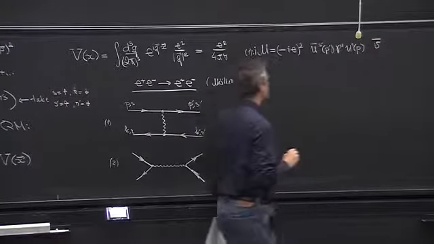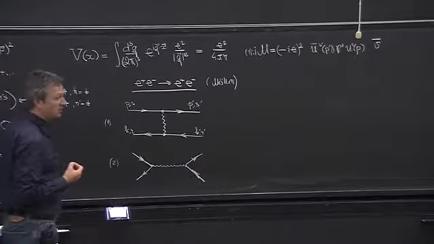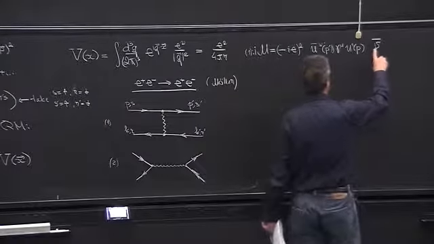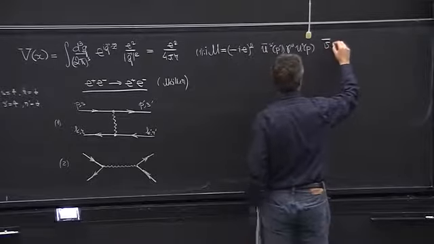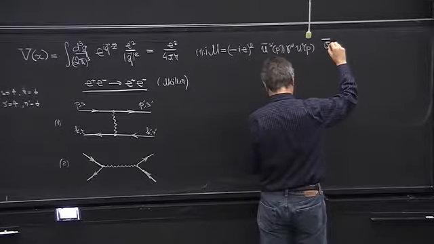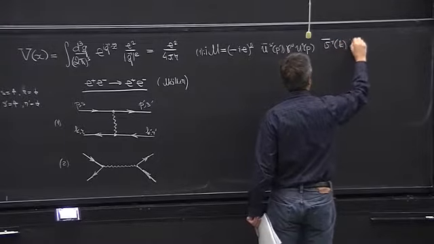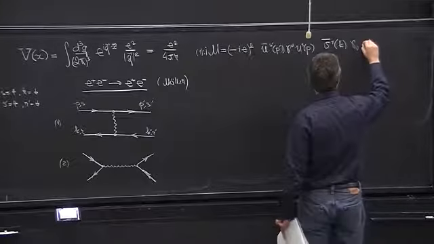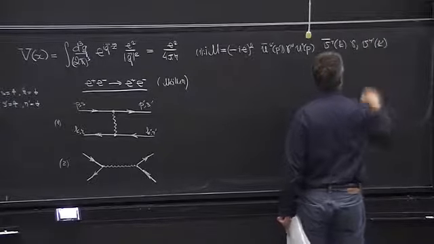The initial state positron is described by the psi bar field, so it appears with the barred spinor wave function v bar r of k gamma nu v r prime of k prime.